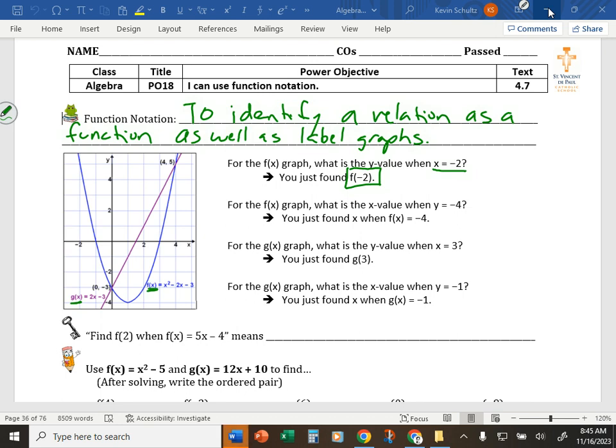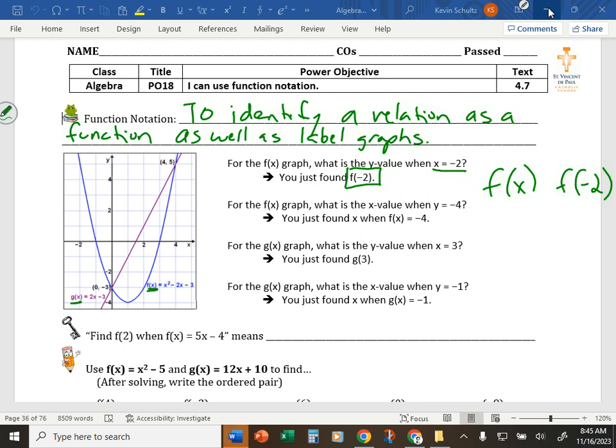What this tells you, the f refers to which relation you're looking at. The -2 is the value for x. If you think of f of x and then f of -2, we replaced x with -2. So I'm giving you the value for x, you give me the value for y.